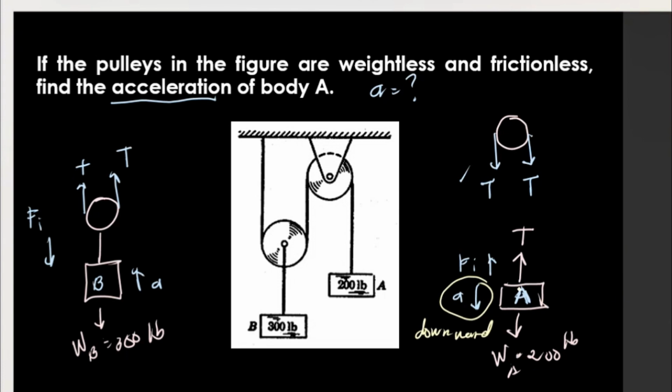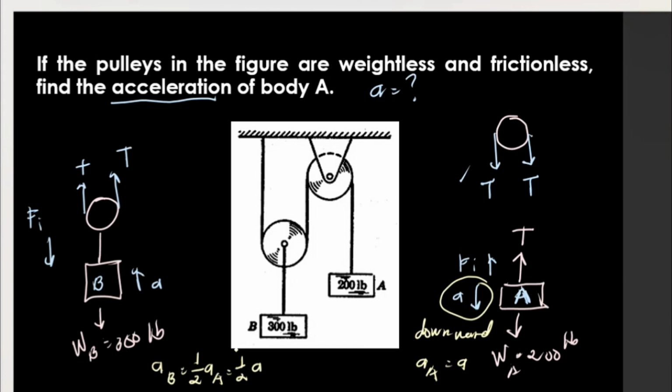So, pero dahil kung titignan natin na twice na kailangan ng tension, parang mahahati yung force T pag sa 300 pounds, pwede ba nating sabihin na yung acceleration sa A is equal to that acceleration na hinahanap natin at yung acceleration sa B is 1/2 that acceleration sa A, or 1/2 sa A ng acceleration.